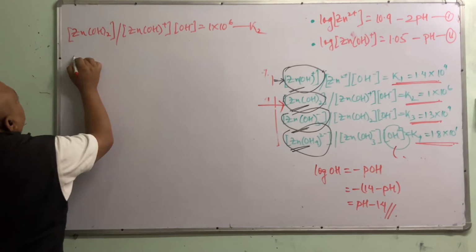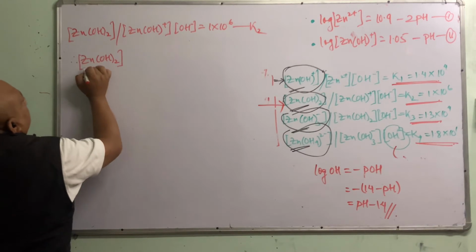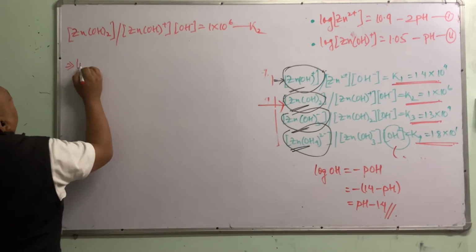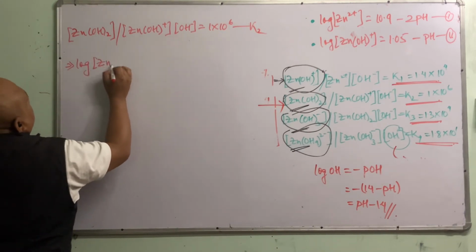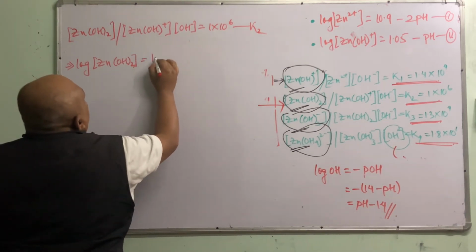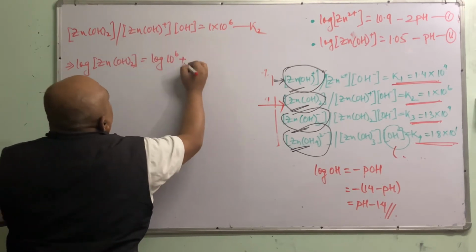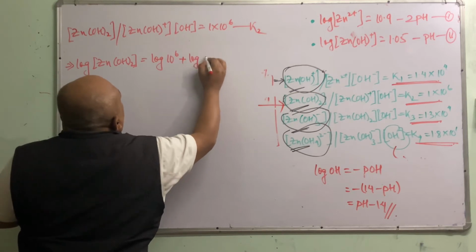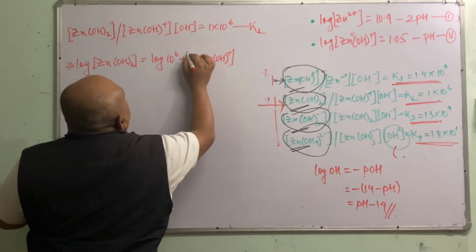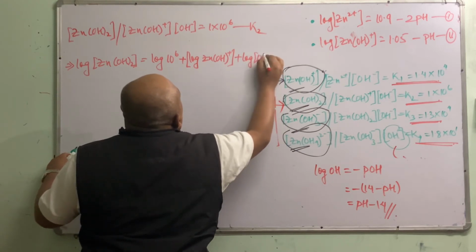Therefore log of ZnOH2 is equal to log of 10 to the power 6 plus log of ZnOH+ plus log of OH-.